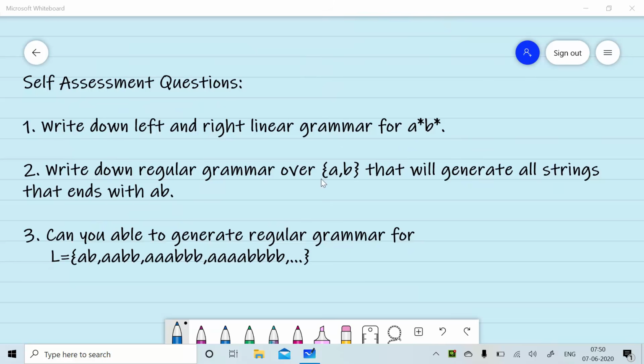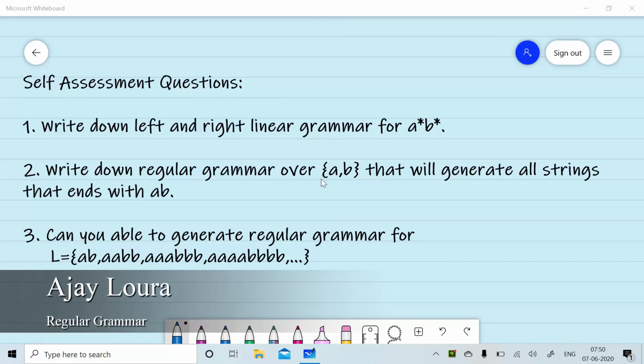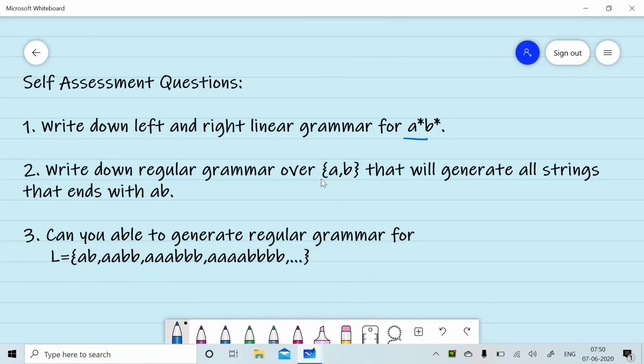Now these are three self-assessment questions. First, we want to design left and right linear grammar for a*b*. In the second, we want to generate all strings that end with ab. Then in the third, can you design a regular grammar for ab, aabb, aaabbb, aaaabbbb?